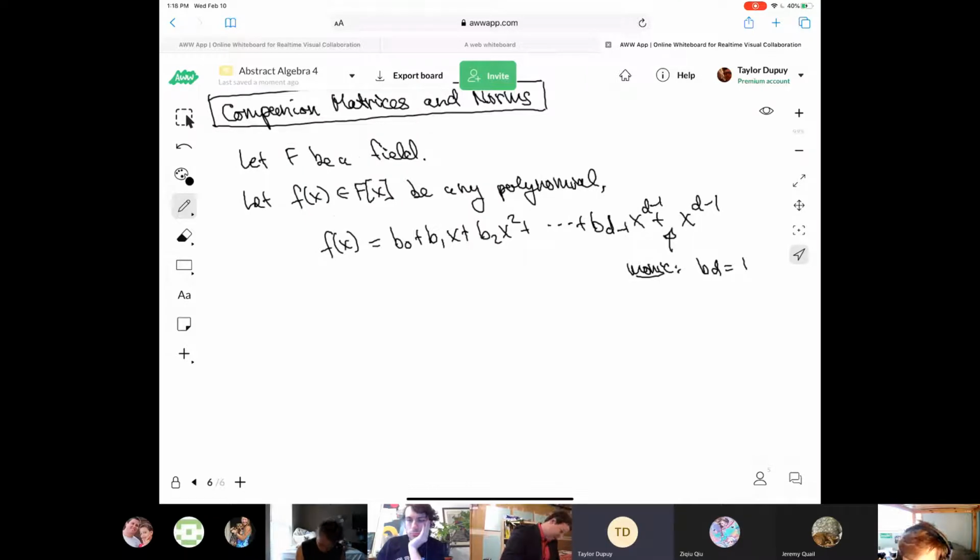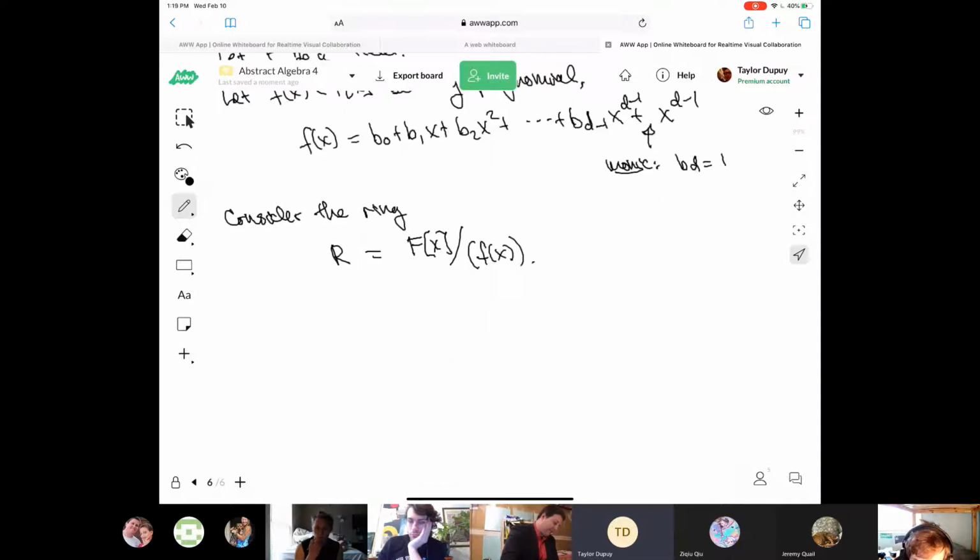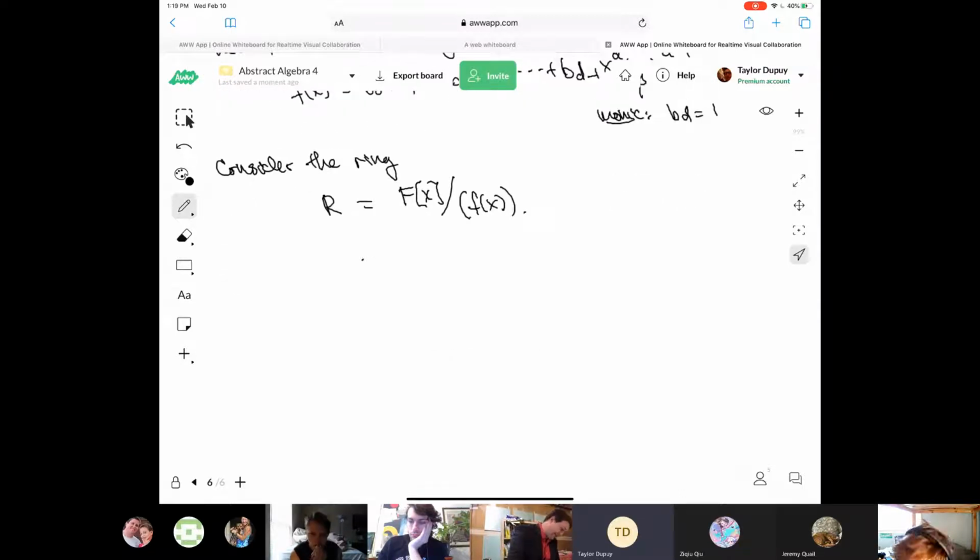Okay? So now consider the ring R, which is F[x] modulo f of x. As an F vector space, this thing is d-dimensional. This is what I said before class, but I'll repeat it.